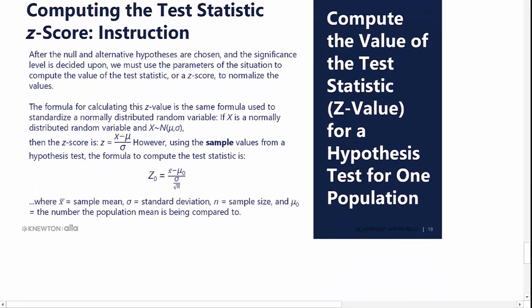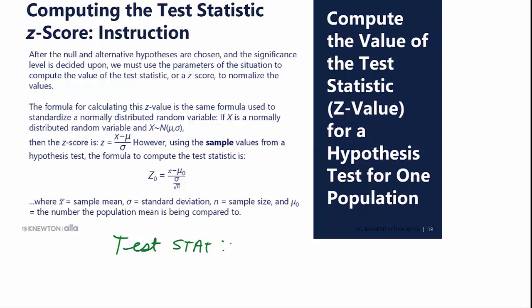Here we go. So it turns out, I'll spare you the details, that the test stat, I'll just call it test stat, for a hypothesis test involving a single population mean when the standard deviation is known, is very similar to what we did for confidence intervals. When you know the population standard deviation, it's going to be a z distribution.